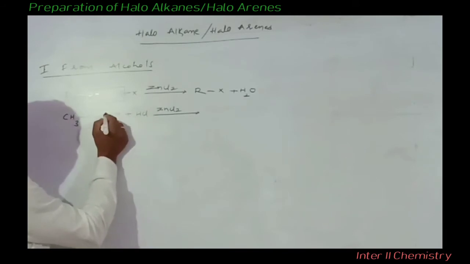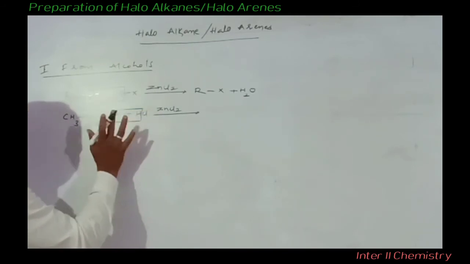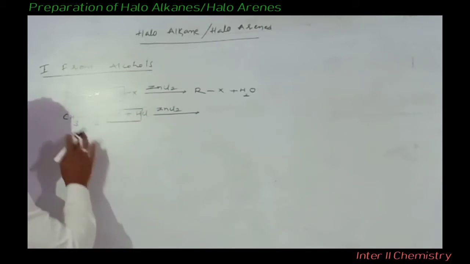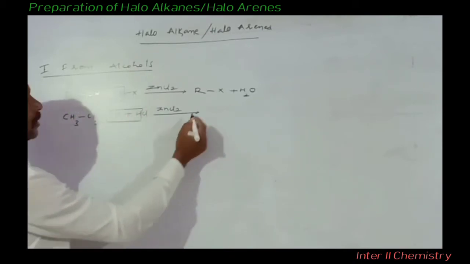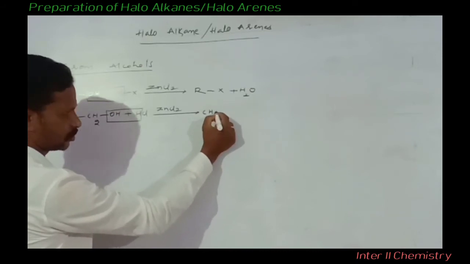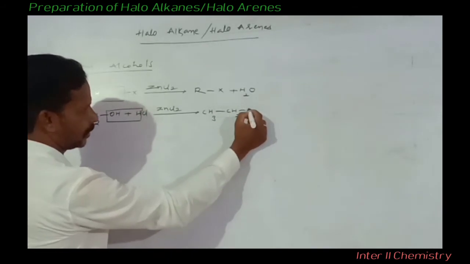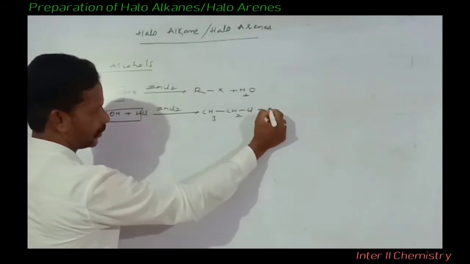In the same way, remove OH and H, which is an easy method to understand the equation. Then combine the two lines and we get CH3CH2Cl plus H2O.